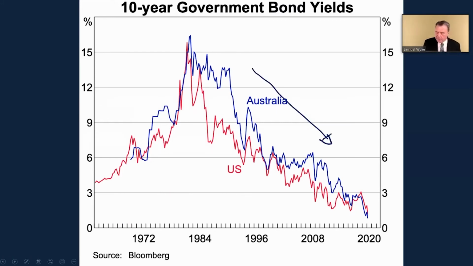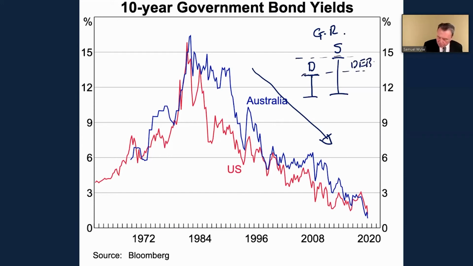But what's driving this down, of course, is that the growth rate of demand is lower than the growth rate of supply. So these are growth rates, and supply has been growing faster than demand. And what's been making up the difference here is debt, extra borrowing to bridge this gap between the growth rate of supply and debt and demand. Extra household debt, extra corporate debt, extra government debt, and quantitative easing is just extra central bank debt.